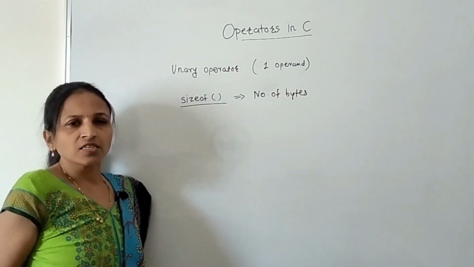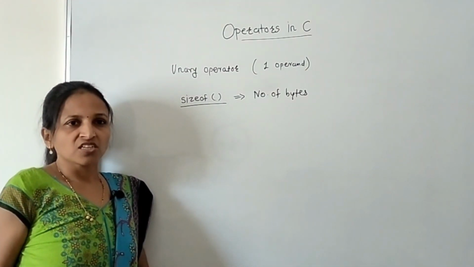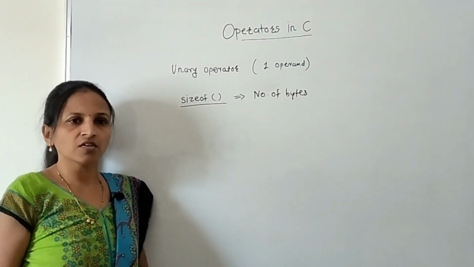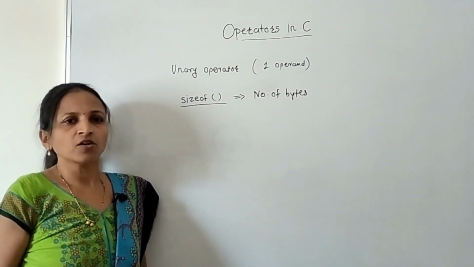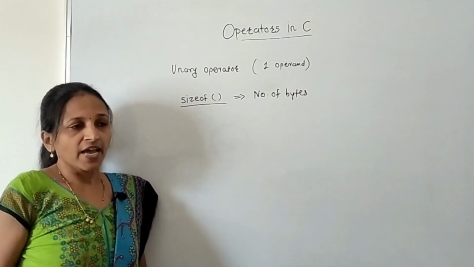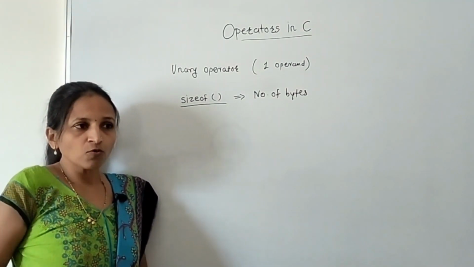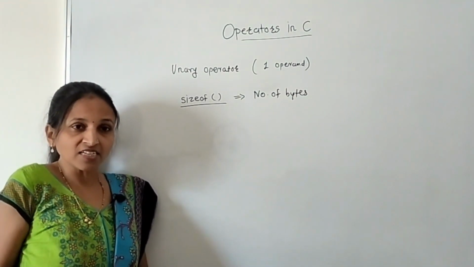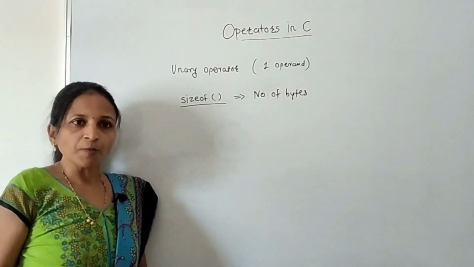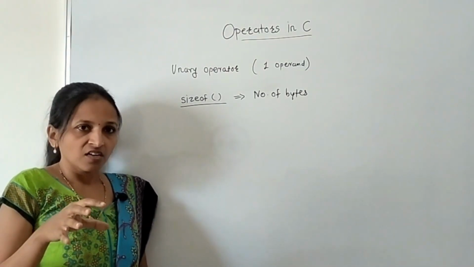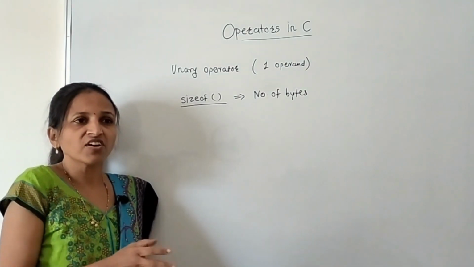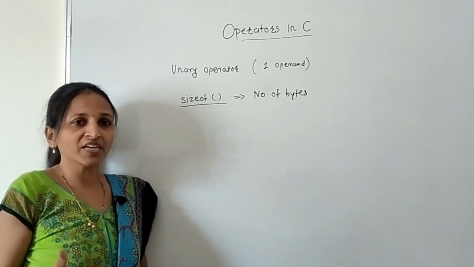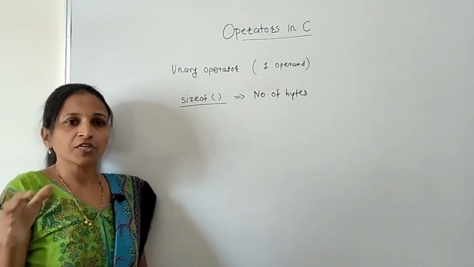There is one concept, dynamic memory allocation, in C programming. Dynamic means we can allocate memory at runtime also. In that concept we have to allocate space at runtime, at the time of execution, for variables, because in advance you don't know how many variables the user is going to enter.